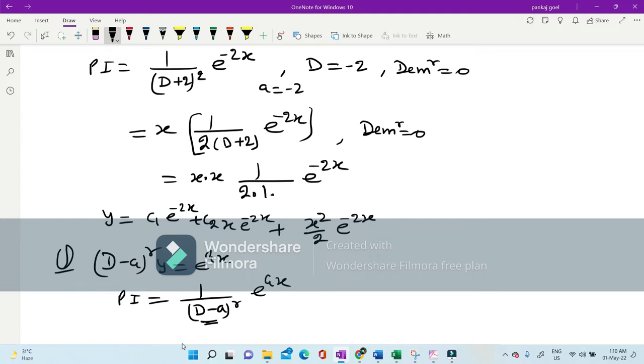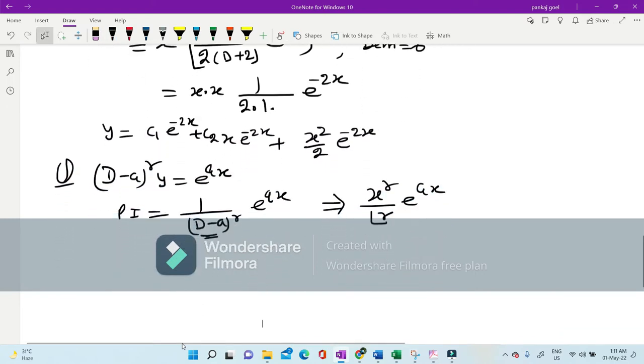If this factor is a linear factor, we can directly write the answer as x to the power r upon factorial r, e to the power of ax. Because if we put d equal to a, this factor is 0, r times, so we will differentiate r times and we will get x to the power r upon factorial r into e to the power of ax.